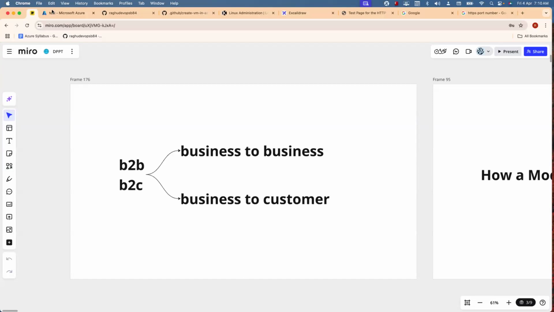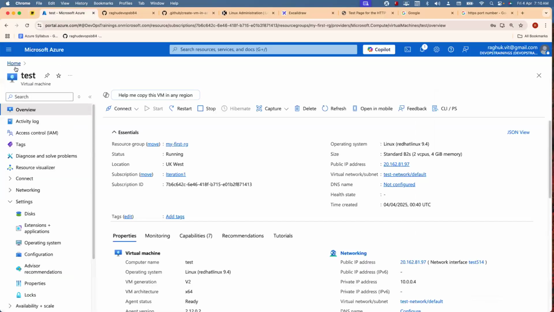Now you take Azure. Azure Cloud is mostly a B2B model, or any cloud you take, it's a B2B model only. It can't be a B2C model, right? If I come and keep my server in Azure, that server has some purpose. Why did I create a server in the very first place?